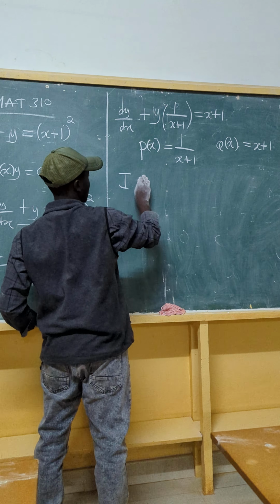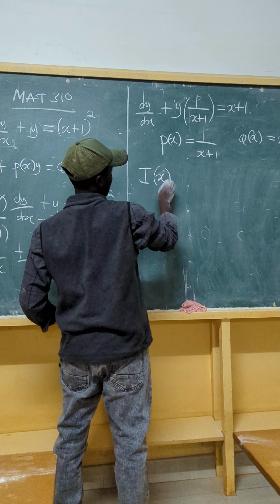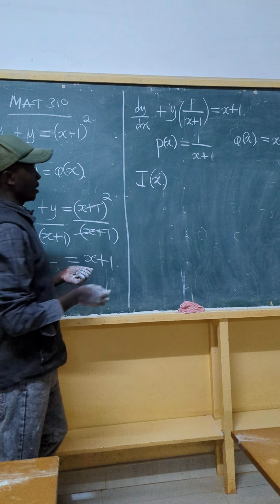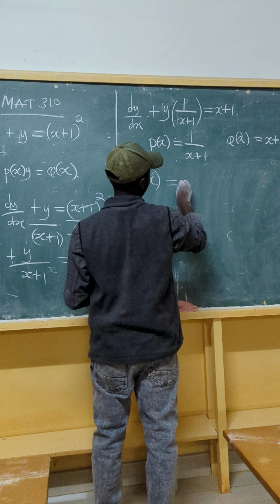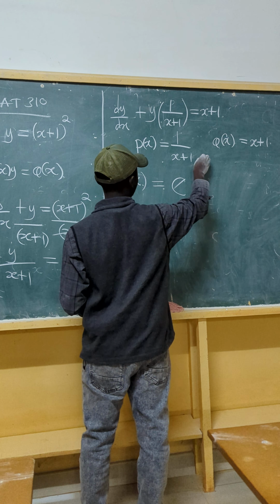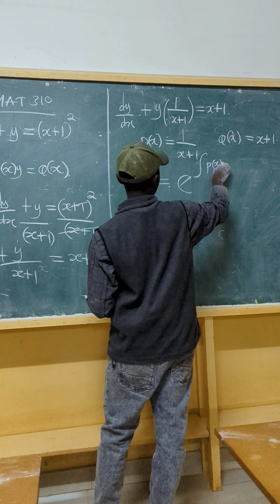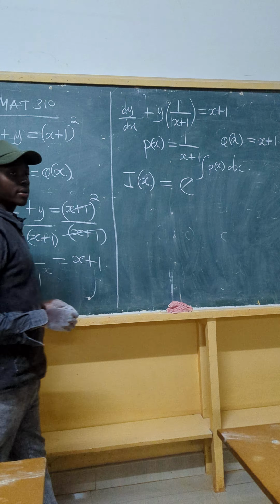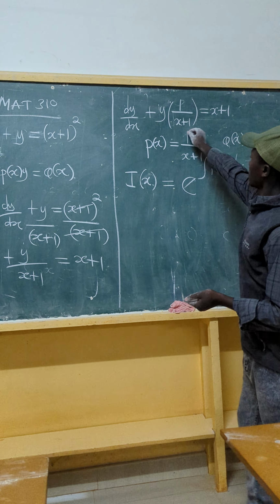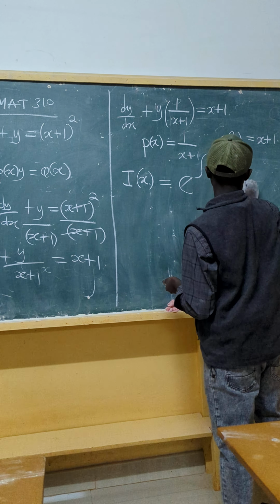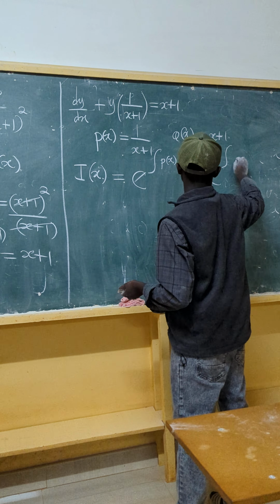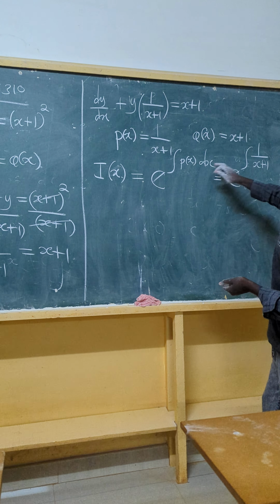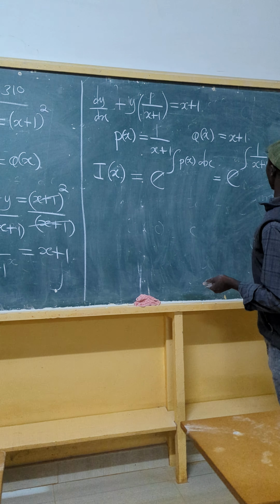So the integrating factor, which is the I of x, some books it will be I.F., anything, is e to the power integral of p of x dx. So where there is p of x, we substitute 1 over x plus 1, then dx.